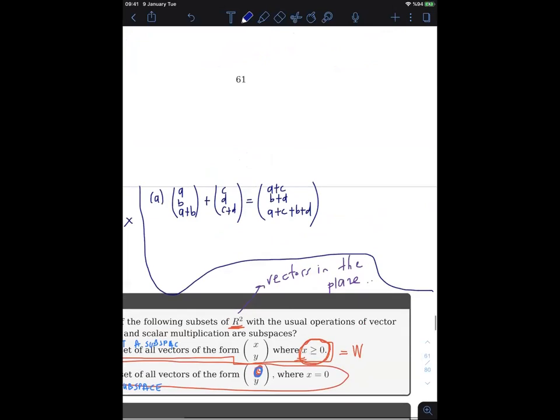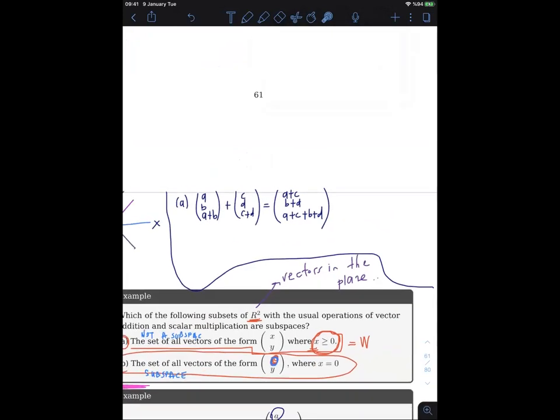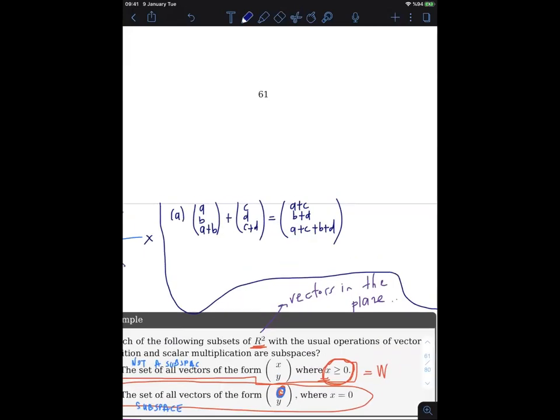So if I add them, I get this result. Is the third coordinate the sum of the first two coordinates? Yes, right? So the first condition is satisfied. Let's check the second condition.